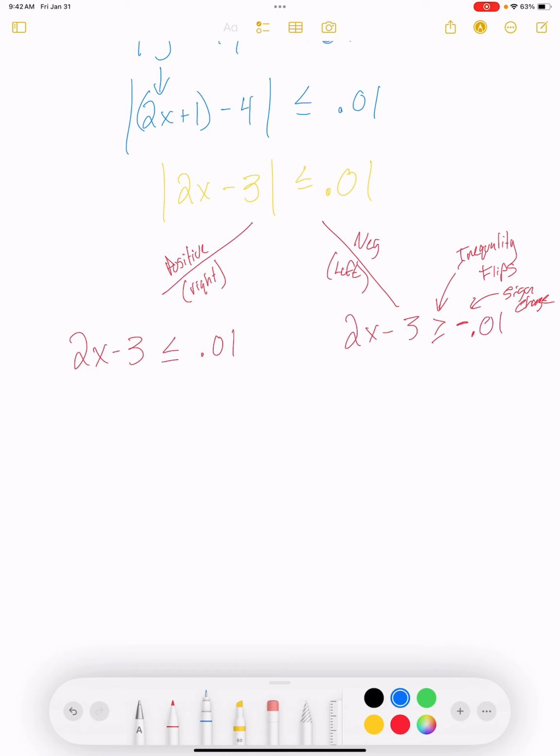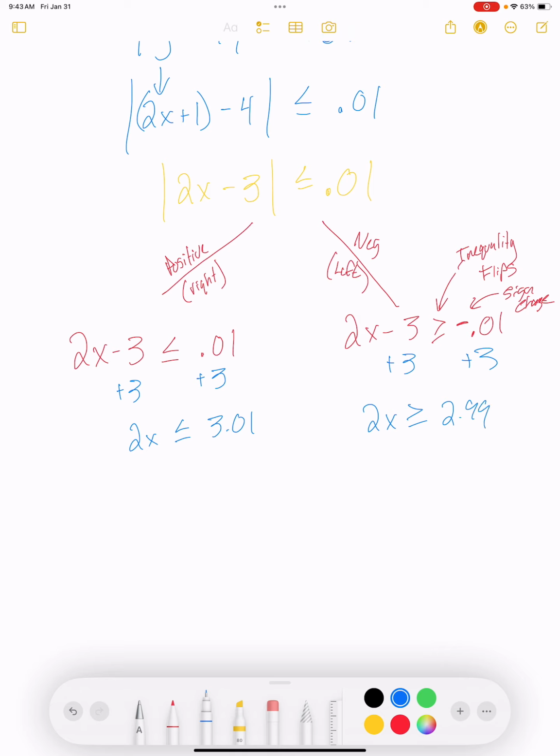Now you just solve these the same way. I would say plus 3, same thing over here, plus 3, and I get 2x is less than or equal to 3.01, and then I get 2x is greater than or equal to 2.99.